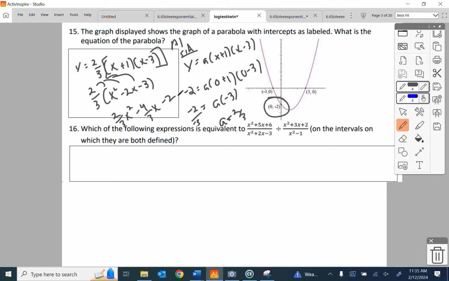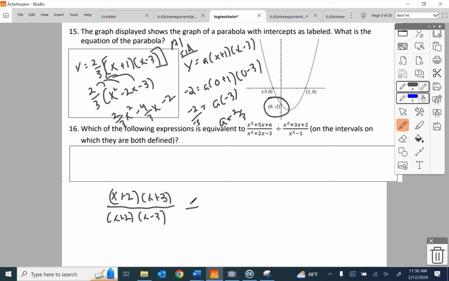Yeah, it seems right. All right, which of the following expressions is equivalent to this guy divided by that guy on the intervals of which they are both defined? This is a factoring practice is all it is. X squared plus 5x factors as x plus 2 times x plus 3. X squared plus 2x minus 3 factors as x plus 2 and x minus 3.